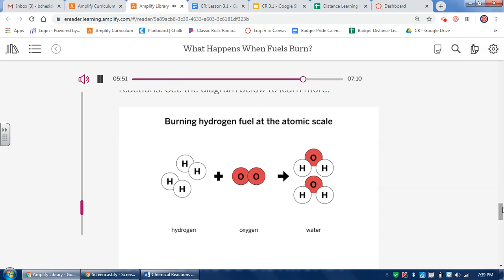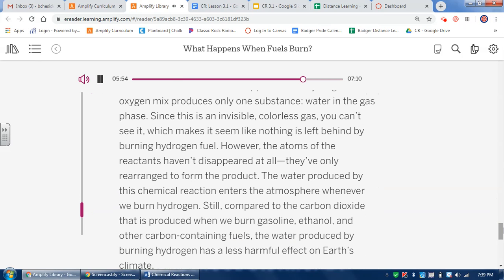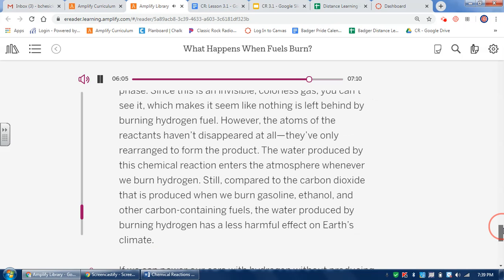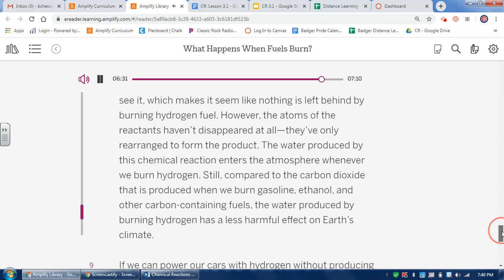The chemical reaction that happens when hydrogen and oxygen mix produces only one substance, water in the gas phase. Since this is an invisible, colorless gas, you can't see it, which makes it seem like nothing is left behind by burning hydrogen fuel. However, the atoms of the reactants haven't disappeared at all. They've only rearranged to form the product. The water produced by this chemical reaction enters the atmosphere whenever we burn hydrogen. Still, compared to the carbon dioxide that is produced when we burn gasoline, ethanol, and other carbon-containing fuels, the water produced by burning hydrogen has a less harmful effect on Earth's climate.